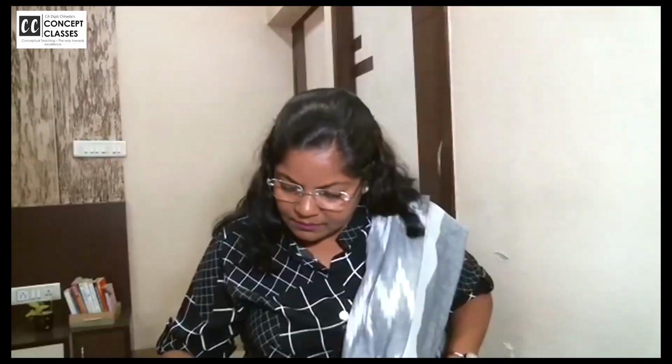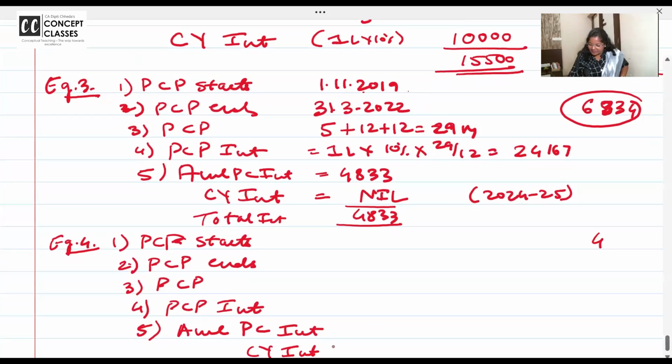Mom, is it 4,000 annual PCI? Yeah. 4,000. हाँ, 4,000. Answer. Answer is 4,000. आंसर कितना है बेटा आप बोलो. 4,000. अच्छा, जस्ट 4,000, नो चेंज.